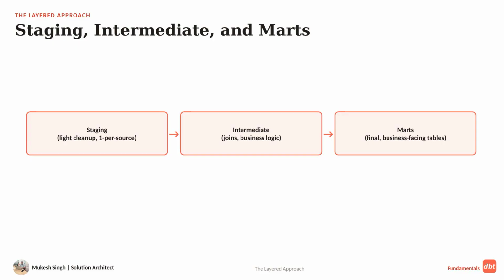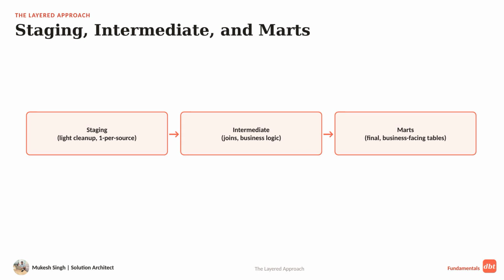Almost every mature DBT project organizes its models into 3 layers. Staging models sit closest to the raw data, doing light cleanup, one staging model per source table, exactly like the stage orders model we built last time. Intermediate models sit in the middle, joining staging models together and applying real business logic.